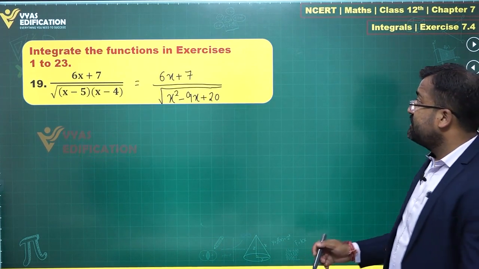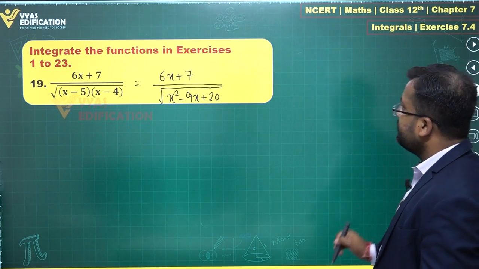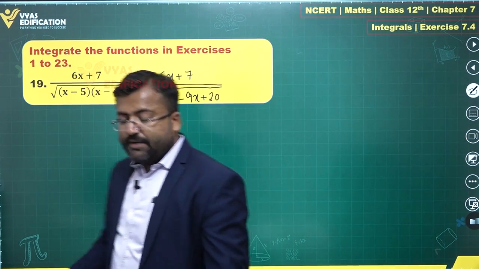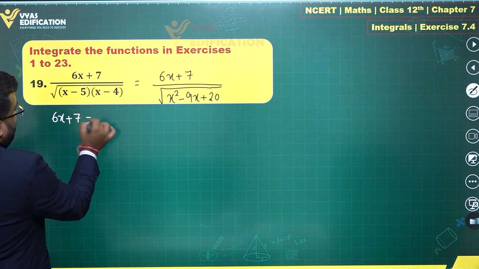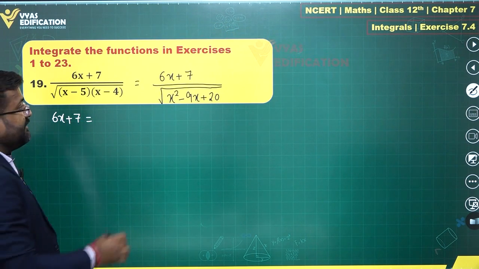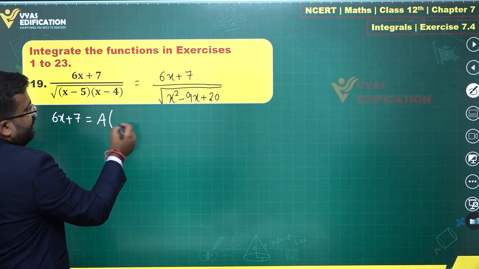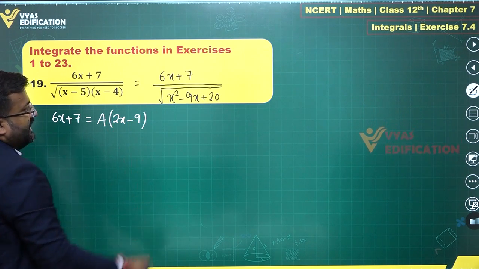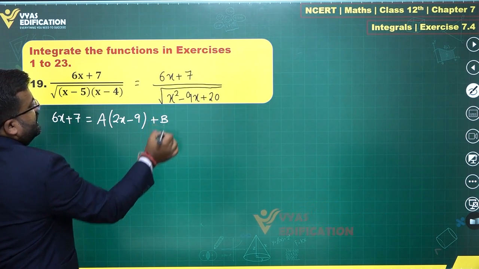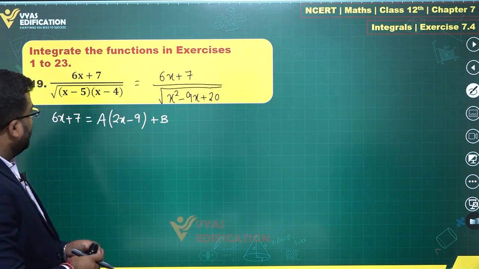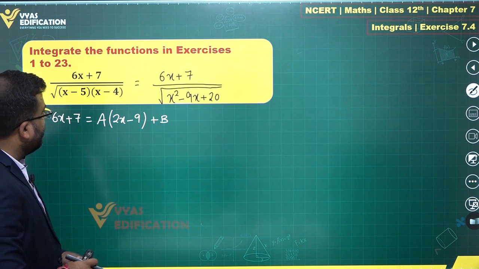There is x square minus 9x plus 20, and after this, let me write the numerator, that is 6x plus 7 as a times the derivative of this, which is 2x minus 9, derivative of this denominator quadratic, plus some other constant b, right? This is what you have, and this is always equal to this, therefore we can compare coefficients.